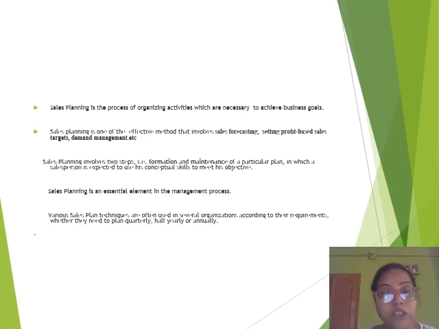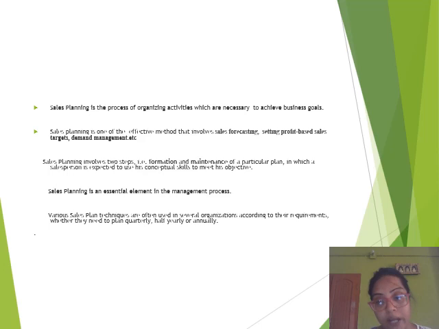So the sales planning should consist of two steps: one is the formulation of the plan and then the maintenance of the plan. Through the formation and the maintenance of the plan, the salesperson is expected to achieve his objectives, to achieve his sales targets.